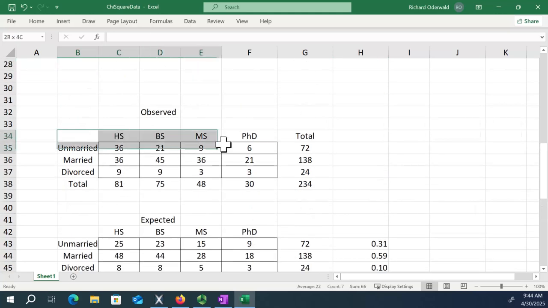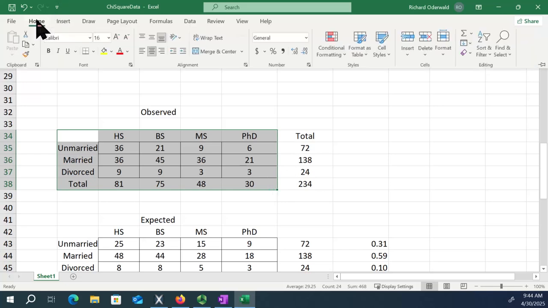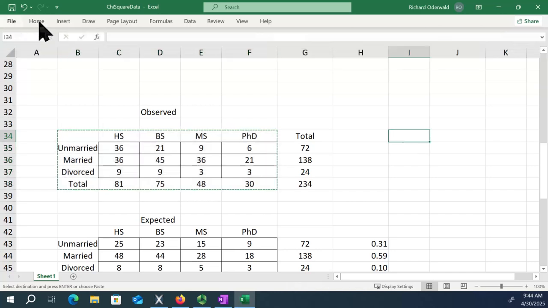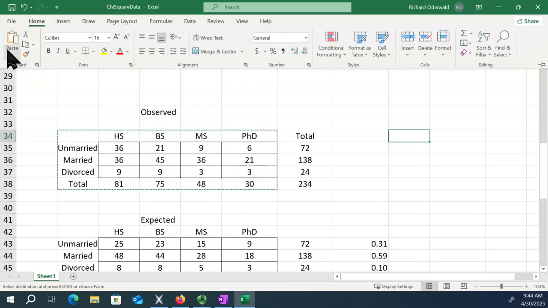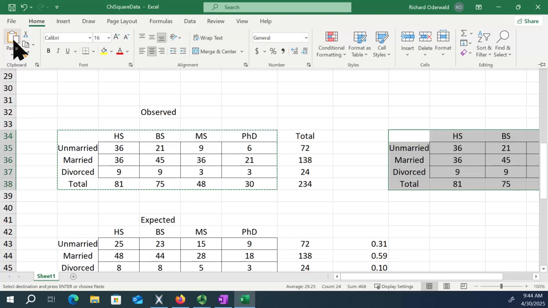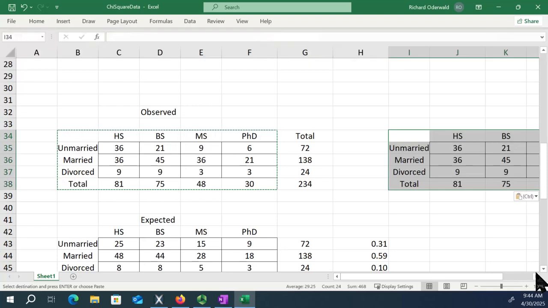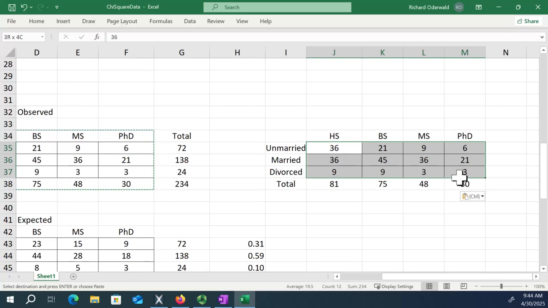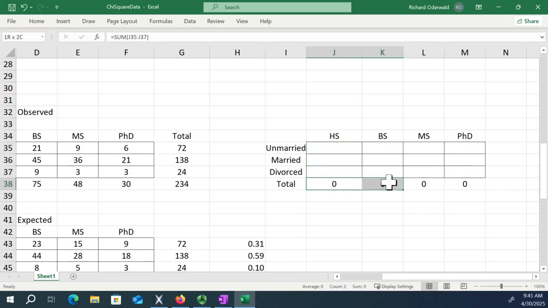I'll put it down here. I'm going to copy this table. I don't need all of it. And I'm going to put it here. And I don't need any of these numbers, don't need any numbers at all, for that matter. I just need the table layout.